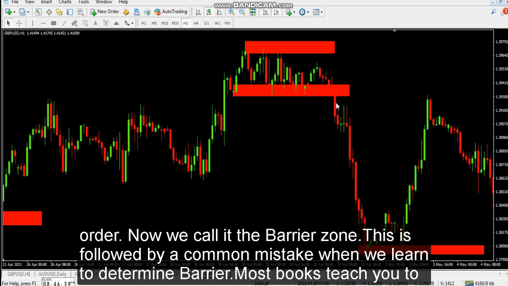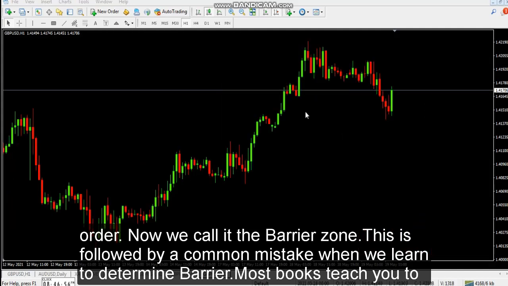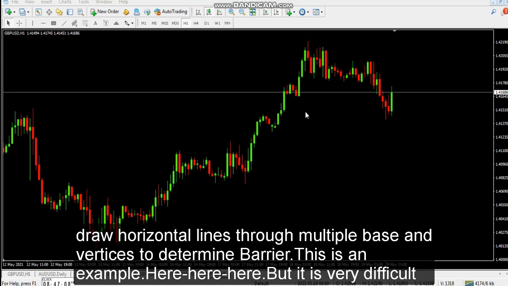This is a common mistake when we learn to determine barriers. Most traders draw horizontal lines, drawing at the tops and bottoms to determine barriers. This is an example.